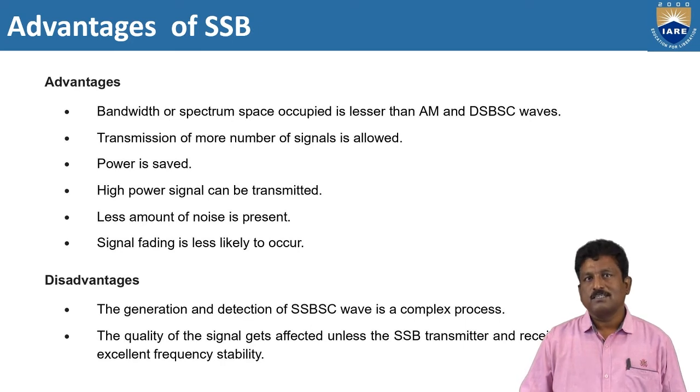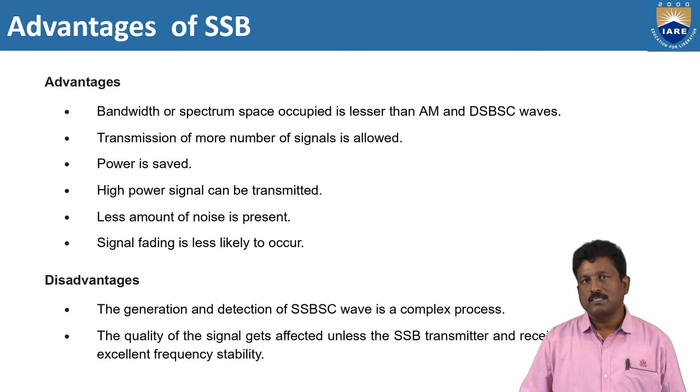Already we discussed, in case of the AM and DSB it is 2 fm, whereas in the SSB it is only fm. The transmission of more number of signals is allowed. So it is bandwidth requirement based. Power is also saved. With less power consumption, we can save more power compared to the AM and DSB. So high power signals can be transmitted in case of the SSB modulation.